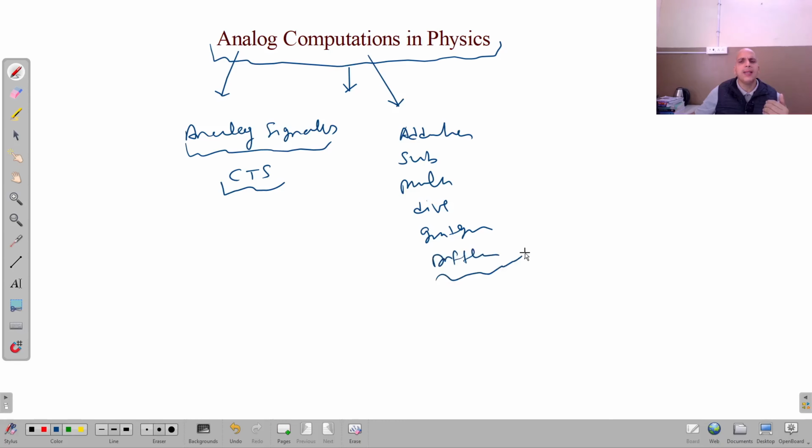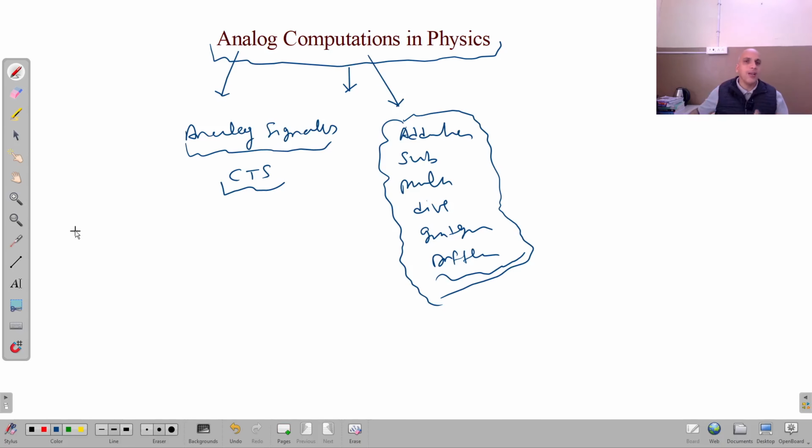All these mathematical operations we are going to perform in electronics by designing different circuits, right? So this is the meaning of analog computations. Computations means mathematical calculations and analog means the signals used in this method. They are analog, they are not digital, right?